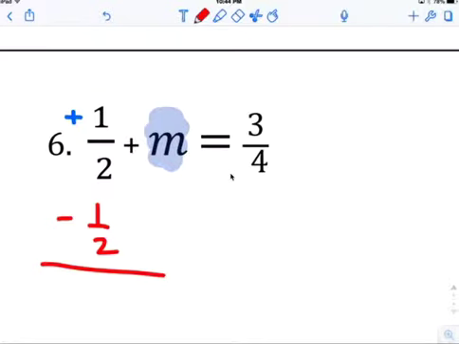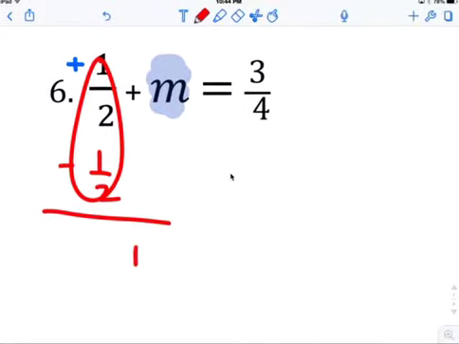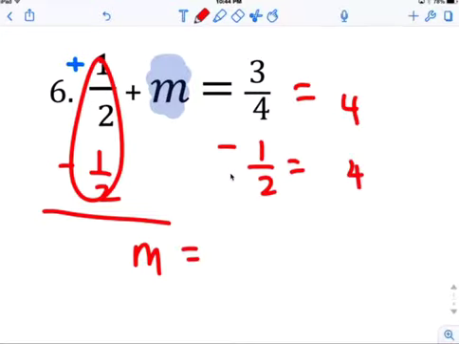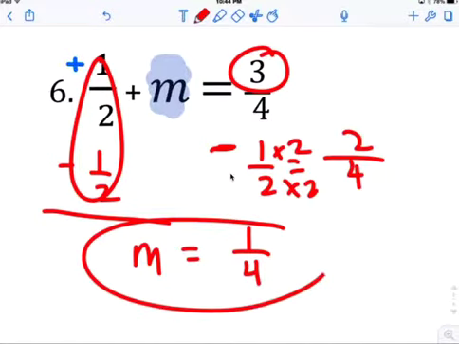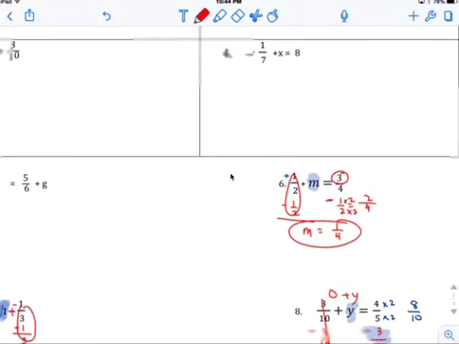That 1 minus 1 is 0. 0 plus m is m equals, you minus 1/2. Common denominator is 4. You don't have to rewrite it, so you're only changing this one, times 2, times 2. That's 2, so this 3 minus the 2 is 1 over 4. So your answer is reduced.